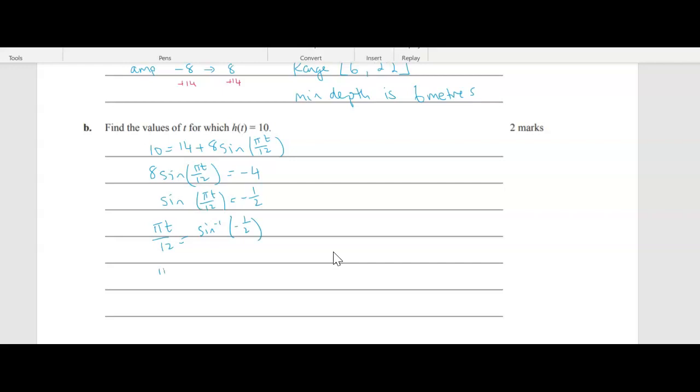All right, so we've got pi t on 12, and inverse sine of 1/2 is pi on 6. And because it is negative, we do need to take that into consideration. So pi on 6 is our base angle or our reference angle.